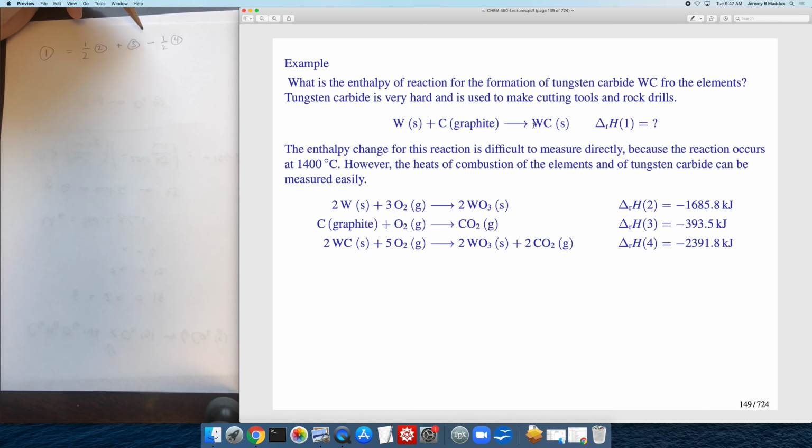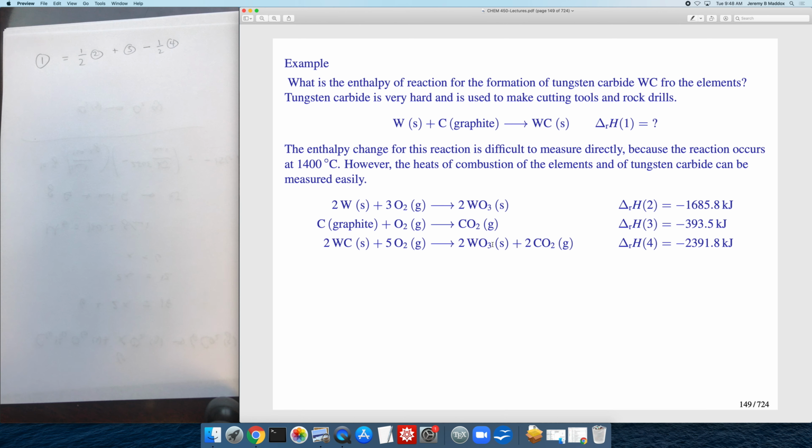And if you carry out this set of operations on these equations, what you'll find is that this tungsten oxide species is going to cancel out, and you're going to cancel out the CO2s that you don't need. The oxygens are going to cancel. So it's going to work out really well such that this combination is going to give you that one. And I'll leave that as an exercise for you to try if you don't believe me.